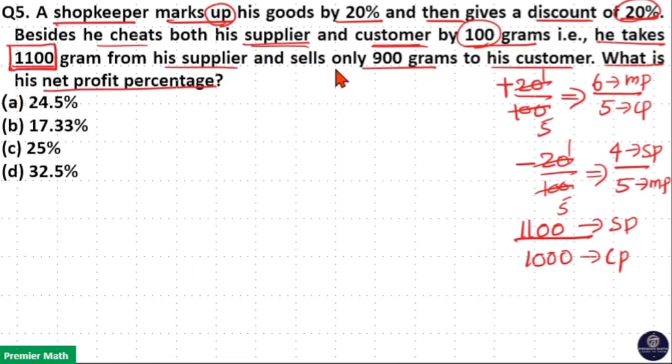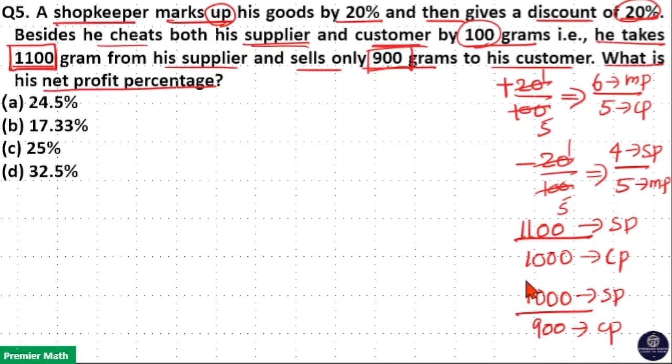Now, he sells only 900 grams to his customer, which means when a customer buys 1000 grams, he will give 900 grams. That is, he is actually getting money for 1000 grams, but he only gave 900 grams.